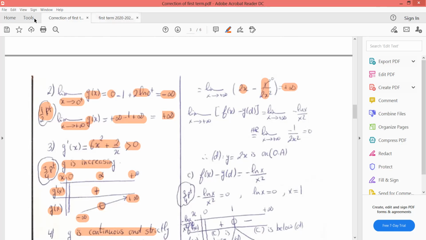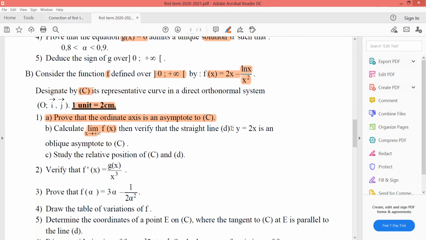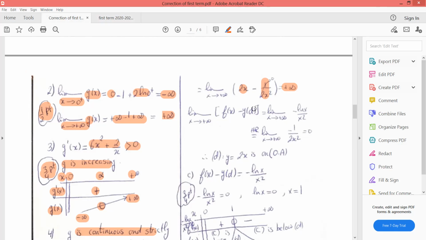And you are going to verify that the line D of equation y equals x is an oblique asymptote to C. How to prove an oblique asymptote to C? You have to show that the limit as x tends to plus infinity of f(x) minus y_D equals 0. So the limit as x tends to plus infinity of f(x) minus y_D will give minus ln x over x squared.